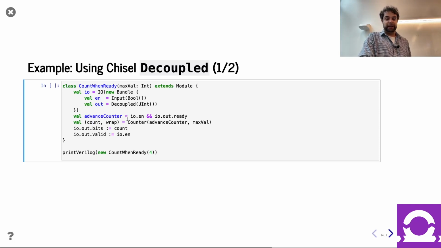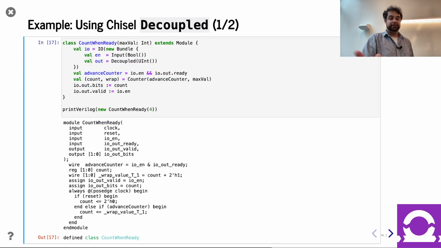We're actually using the Chisel library counter, and we are going to count when it's being requested. In this case, we have an input enable for the counter itself, and then our output is being received by somebody, not shown, and they have the ability to say they're not ready, right? And so we're only going to count when our input's enabled and our output's ready to receive it. So yeah, we can print the Verilog for this.